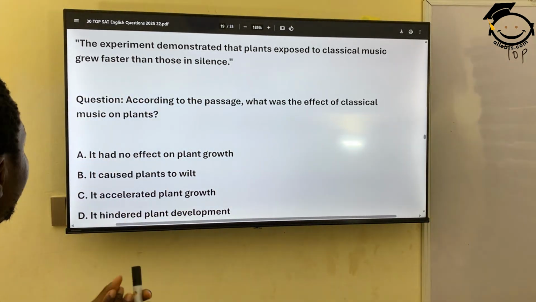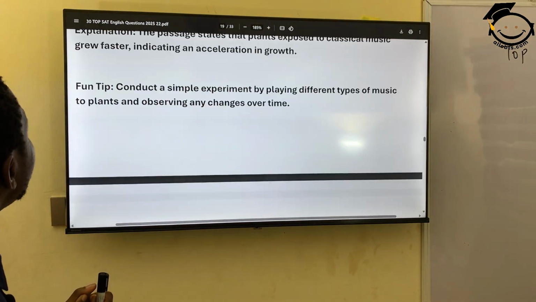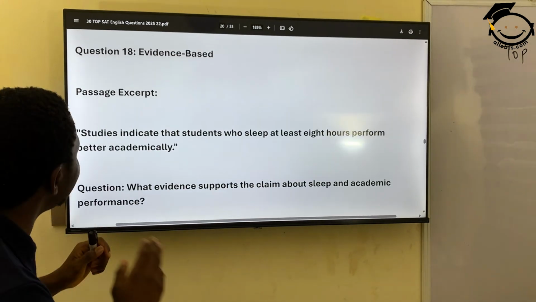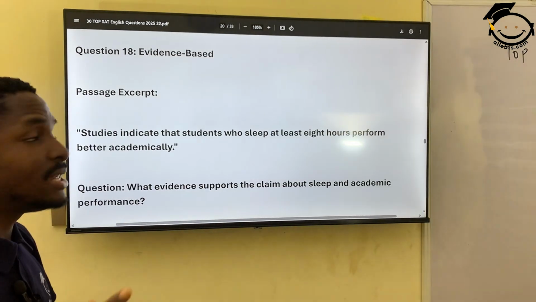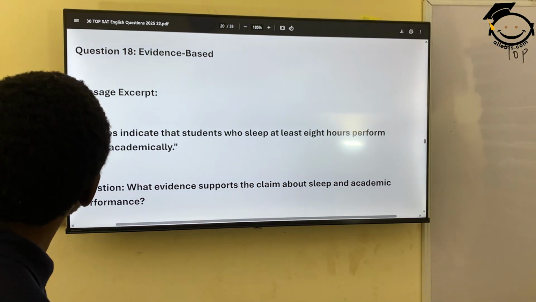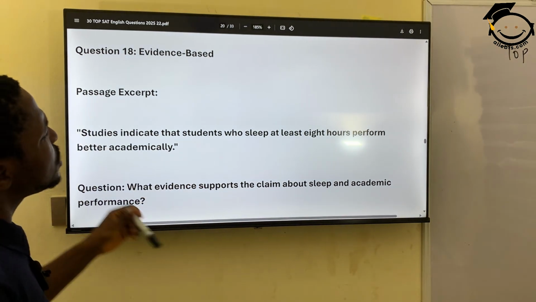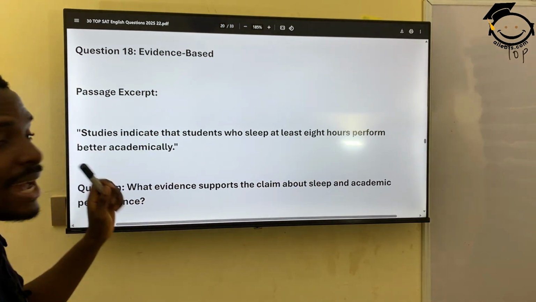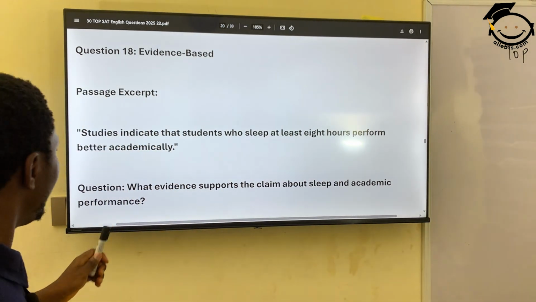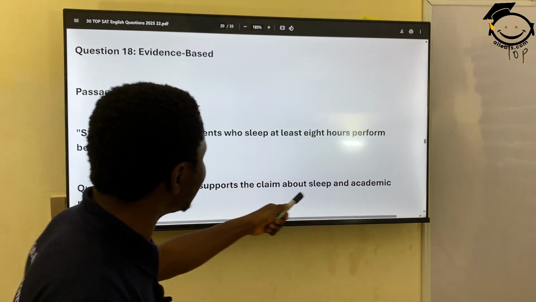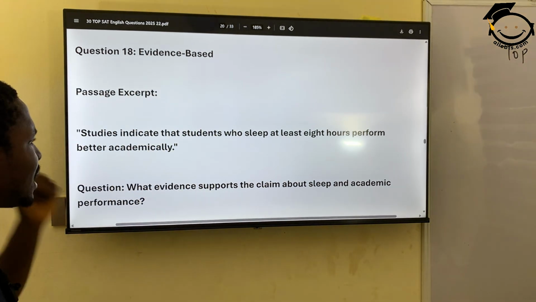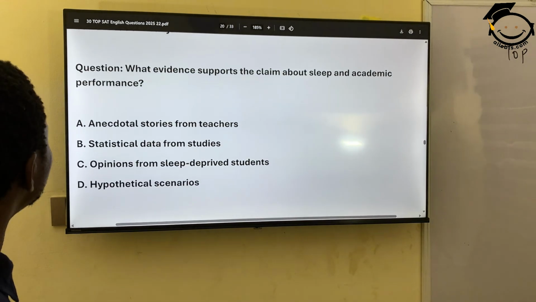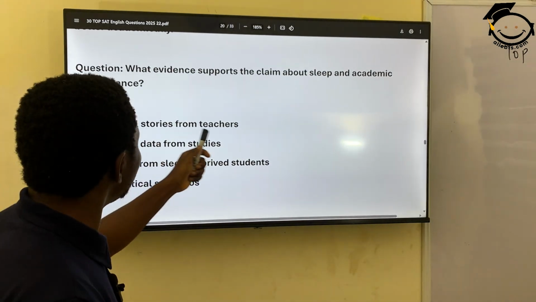All right? Moving on, question number 18. This is evidence-based. Passage excerpt: Studies indicate that students who sleep at least 8 hours perform better academically. Alright, question. What evidence supports the claim about sleep and academic performance? Let's see the options. Anecdotal stories from teachers.